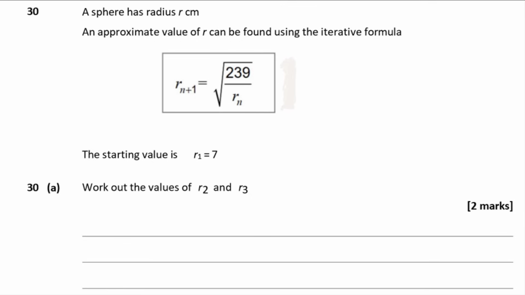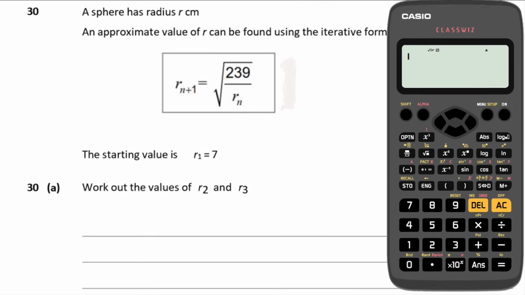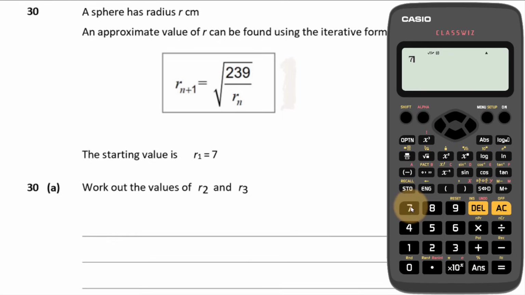Okay, so what I like to do with these is type in the first value into the calculator and then press equal, so it's the last stored value. Then I'm going to get the next value by taking the square root of 239 divided by Rn, using the answer key.